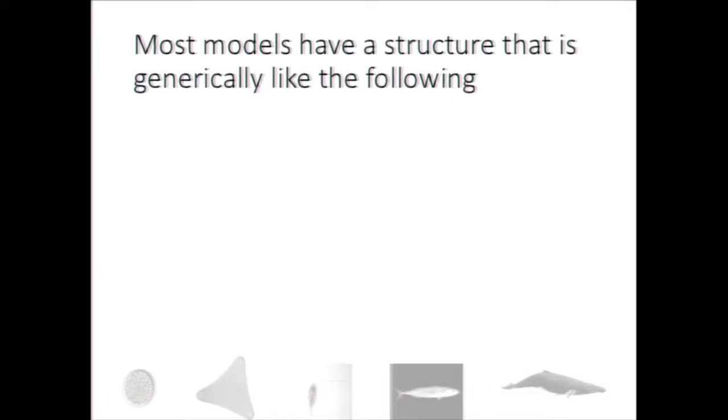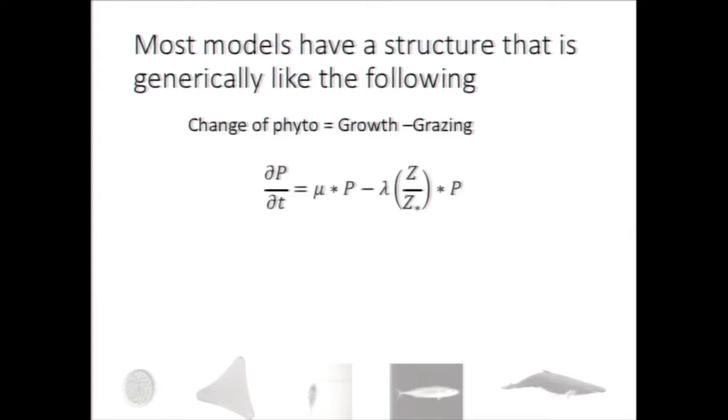Now, most models have a structure that is generically like the following set of equations. You have a change in phytoplankton, which is growth minus grazing. And so we would write that down like this.